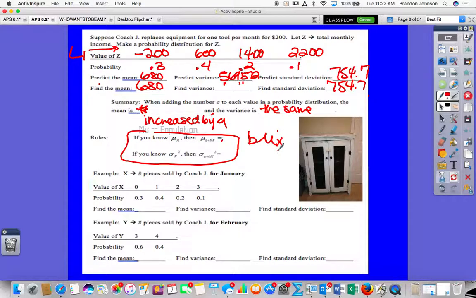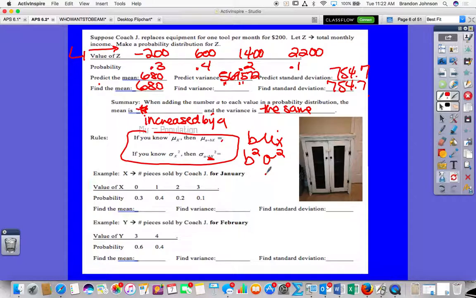And with the variance, if I multiply the random variable by B, we're really multiplying the variance by B squared.